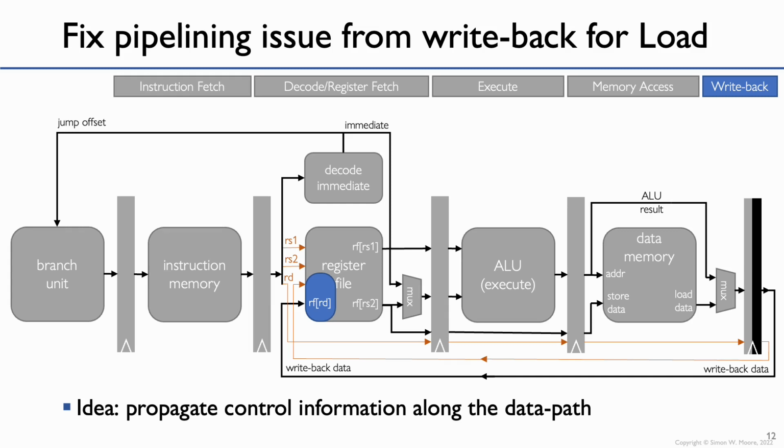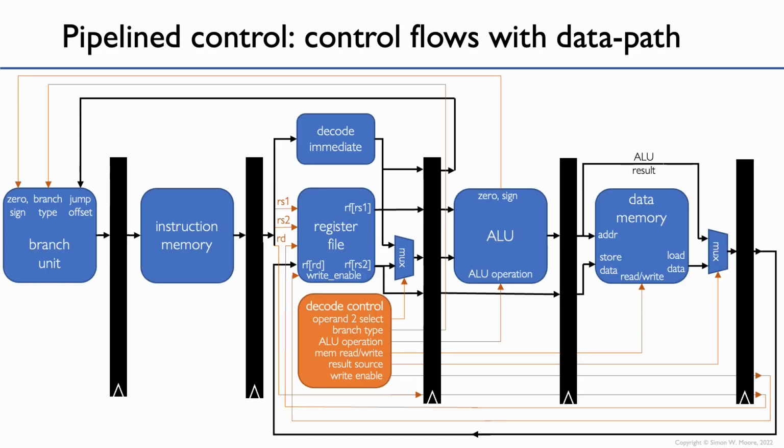In other words, the RD signal, when we decode it, rather than feeding it into the register file, we're going to feed it into the pipeline latches, and that's going to propagate all the way down the pipeline until it gets to the write back stage, and at that point we're going to send the RD value to the register file along with the write back data, so that the data and the place in the register file where that data should be written arrives at the same time.